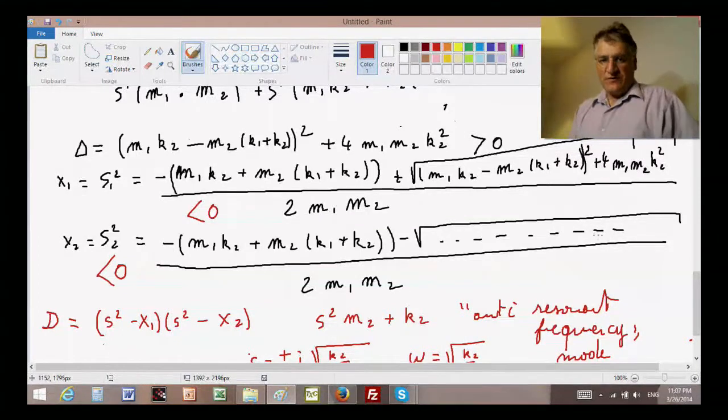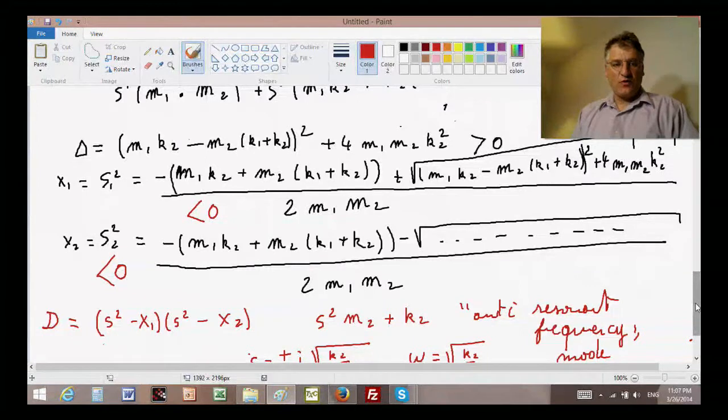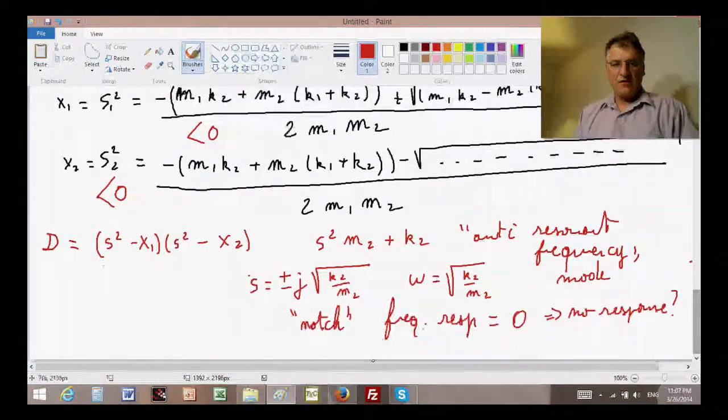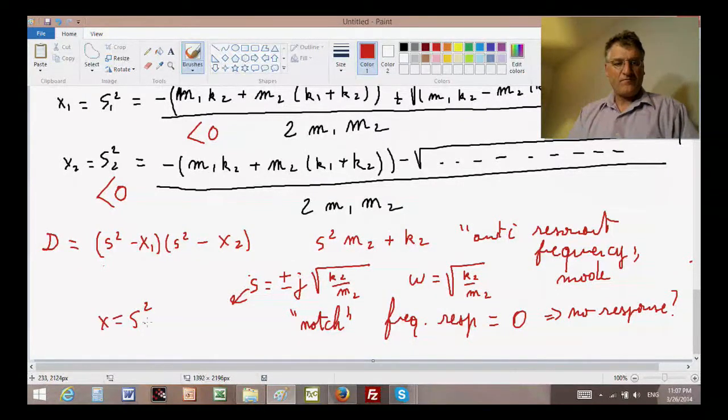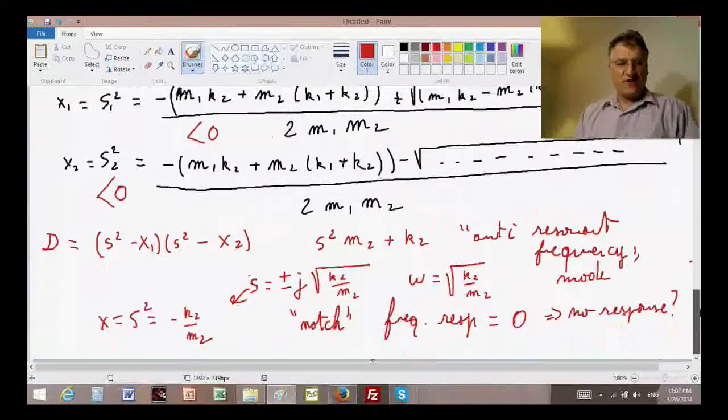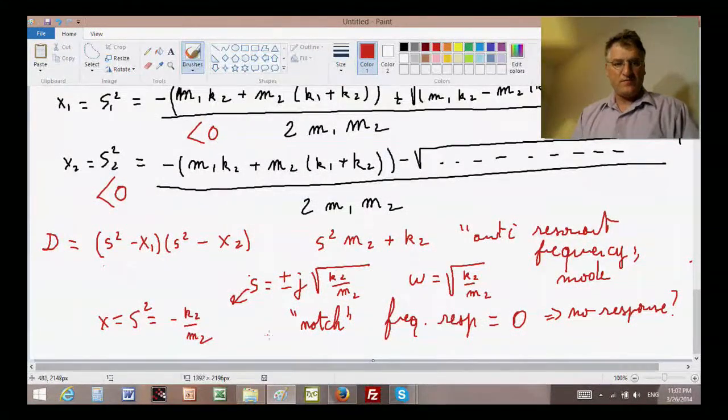Now, for that purpose, I now would like to compare s squared, which I call x, which is equal to minus K2 over M2. I would like to compare this guy with X1 and X2.